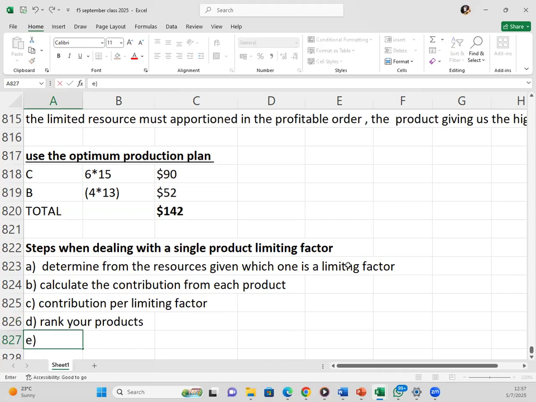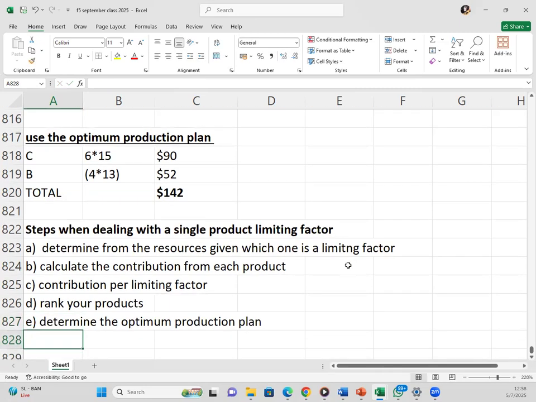Then after ranking, you determine the optimum production plan. Let's just check if we can get a close question to demonstrate that, then we move.